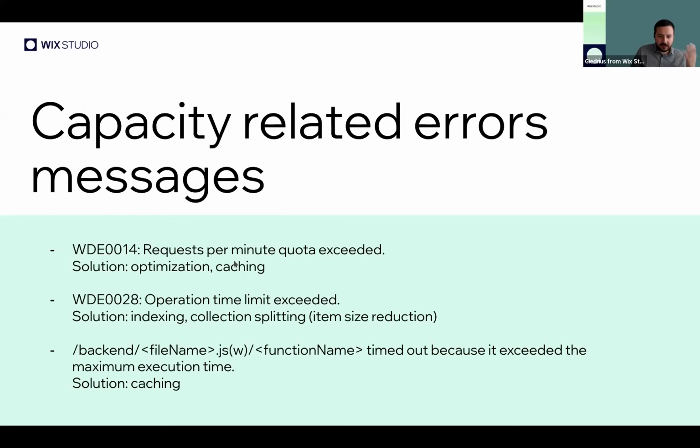And only then you can think about, okay, I've exhausted my solutions, I actually just need a bigger plan to serve my site. So these are some errors to look out for in the monitoring dashboard that are going to say, okay, the data size, the compute size is outgrowing the current plan or the current design of the system.